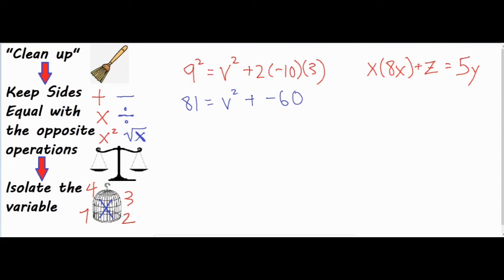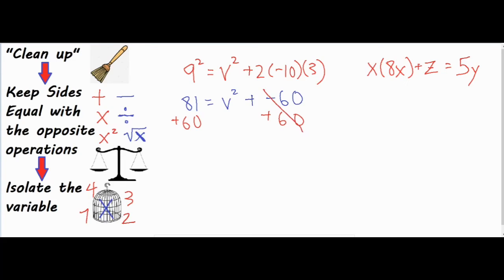So I want to isolate my variable, so I have v squared plus negative 60. So I can go ahead and add 60 to both sides.